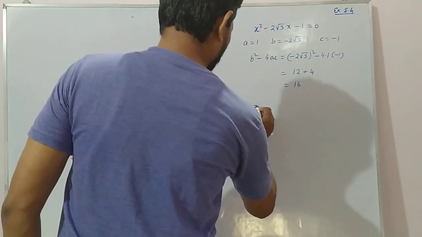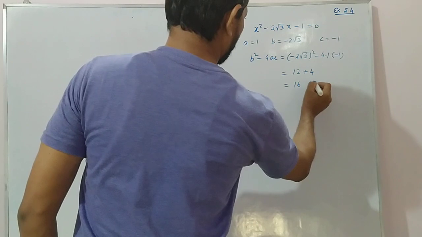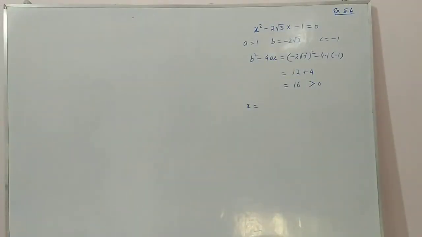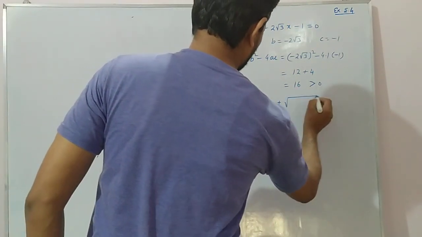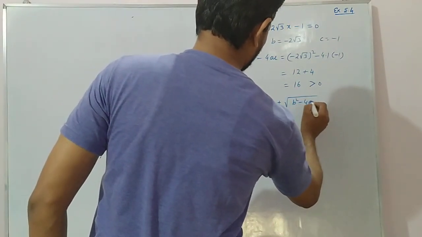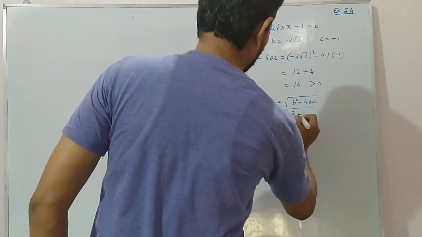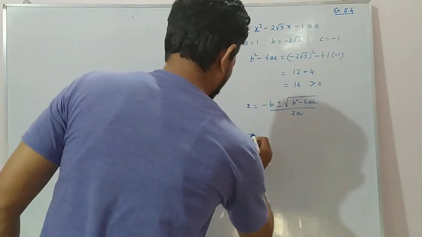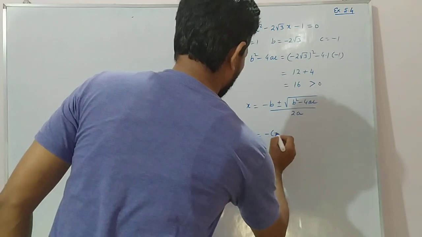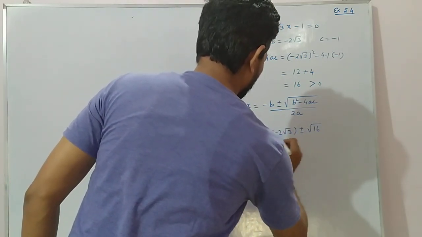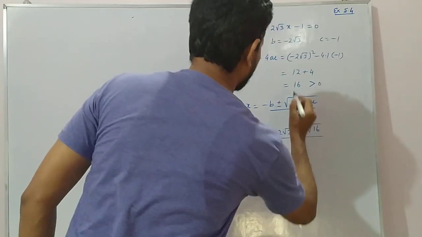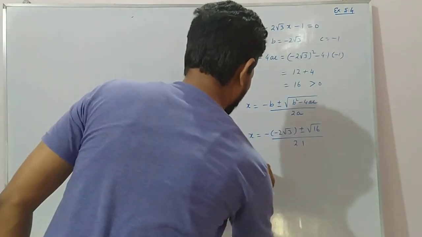It is greater than 0, that means the roots are real and distinct. Next you can find out the roots. I am using x equal to minus b plus or minus root over b square minus 4ac by 2a. So x equal to minus of minus 2 root 3 plus or minus root over 16 by 2 into a, that is 1.